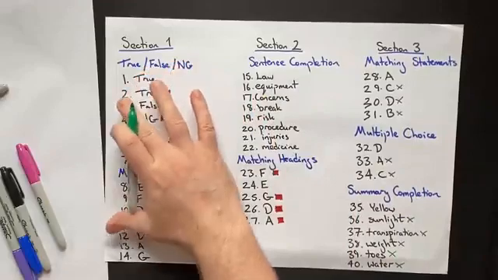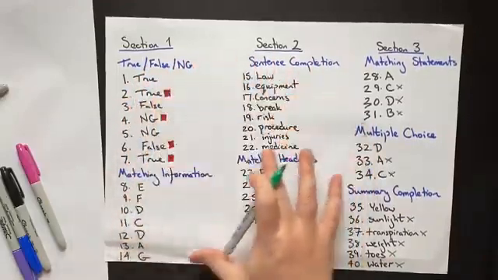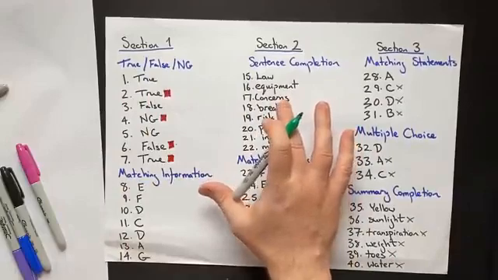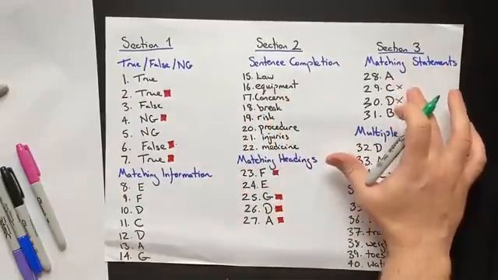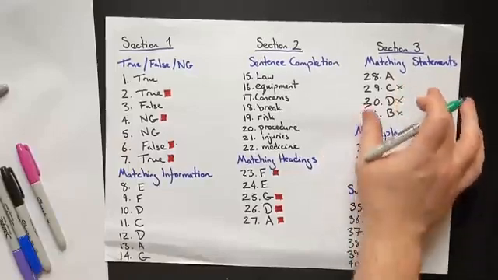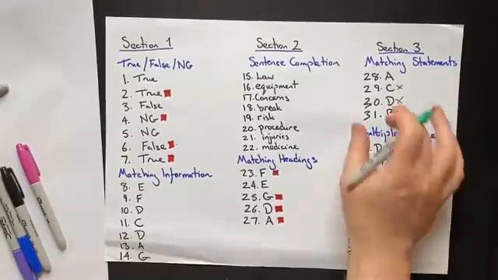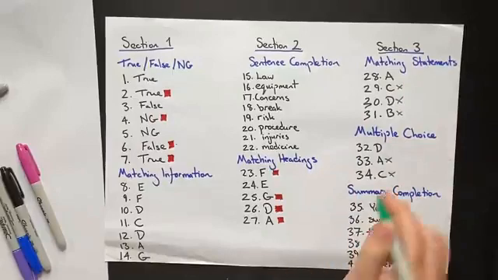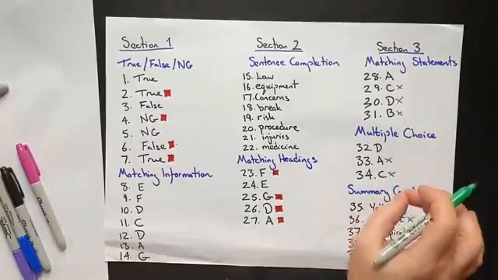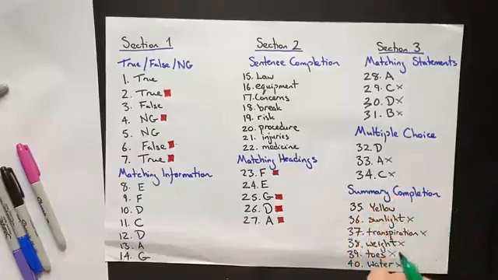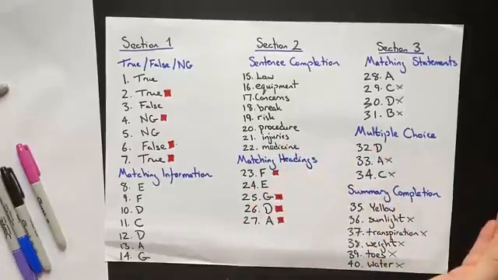So if the student is getting all or mostly section 1 and section 2 correct, but when they get to section 3, they get nearly all section 3 wrong, or most of their mistakes are in section 3, this is an indication that this student needs help with their reading skills and or their vocabulary.